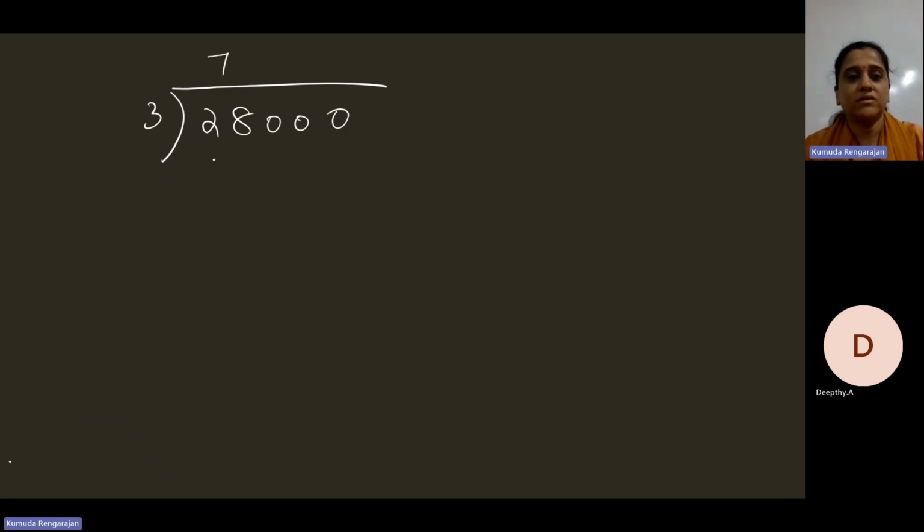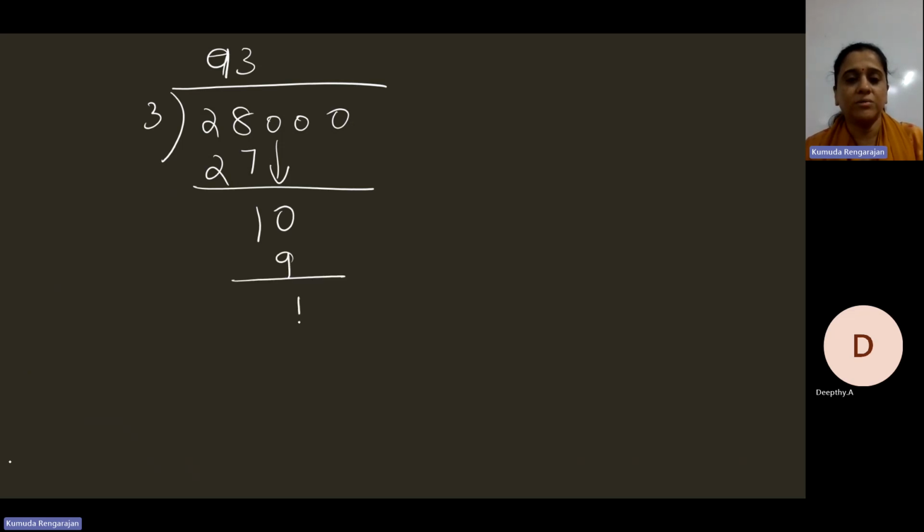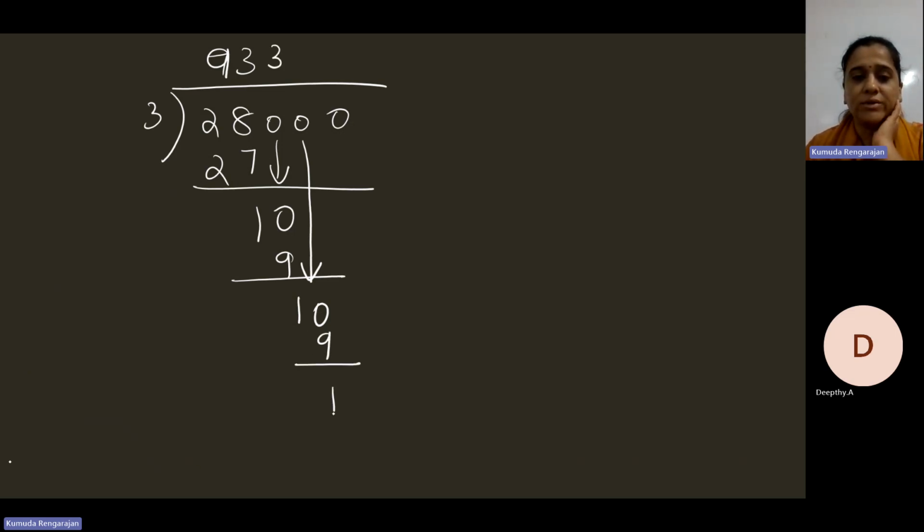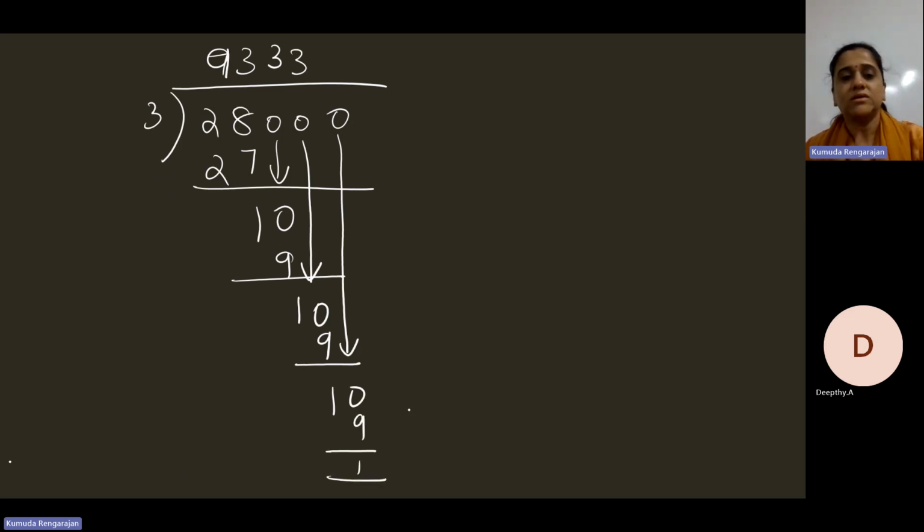3 nines are 27. 1 is the remainder, 1 comes down, 3 threes are 9, 1 remainder, 0 comes down, again 3 threes are 9, 1 remainder, 0 comes down, 3 threes are 9, 1 remainder. That's it.